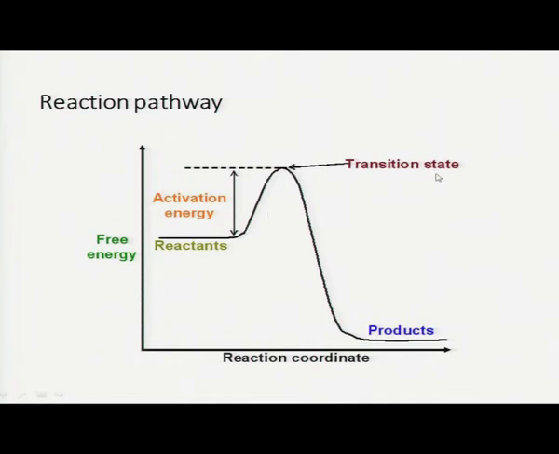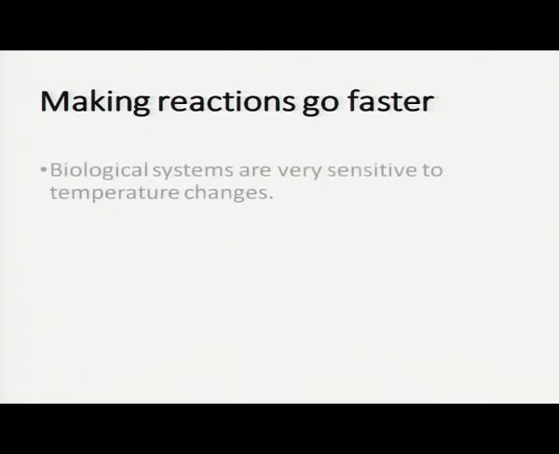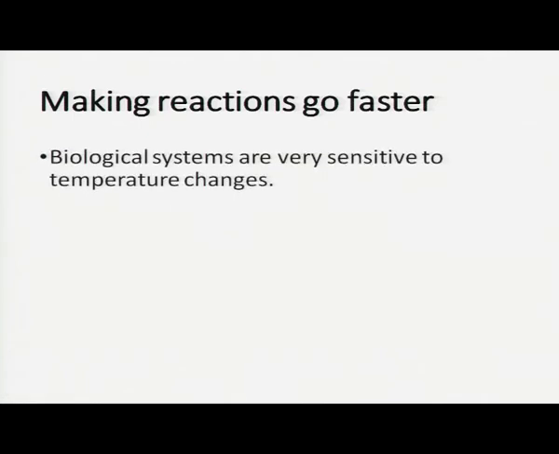The reaction starts after the transition state, and finally the product is formed. Here is the reaction coordinate, here the free energy. Now, with the help of an enzyme, we can lower the activation energy.